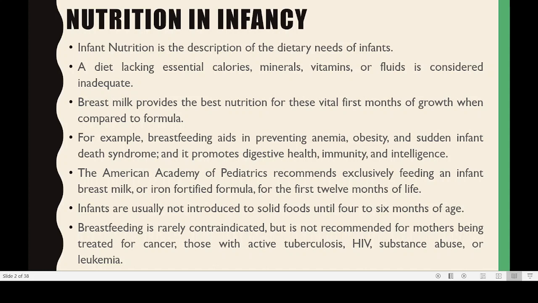It also promotes digestive health, because when you are giving milk powder, the problem is that the stomach of the child is not suited for accepting cow's milk. There is a slight difference in milk produced by a cow. It is actually produced for the babies of the cow.